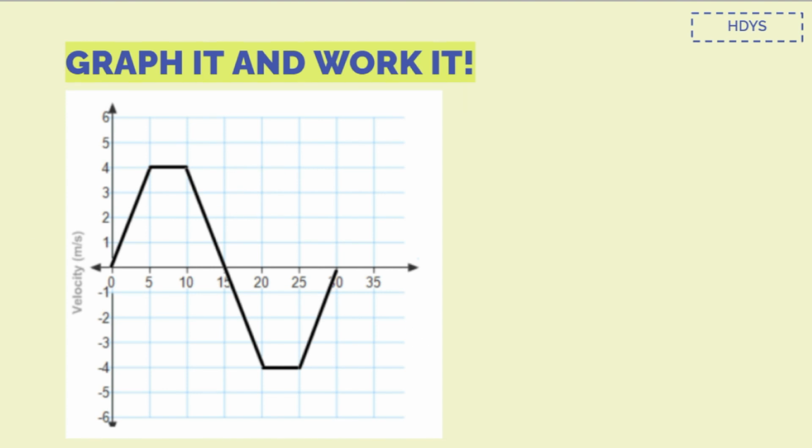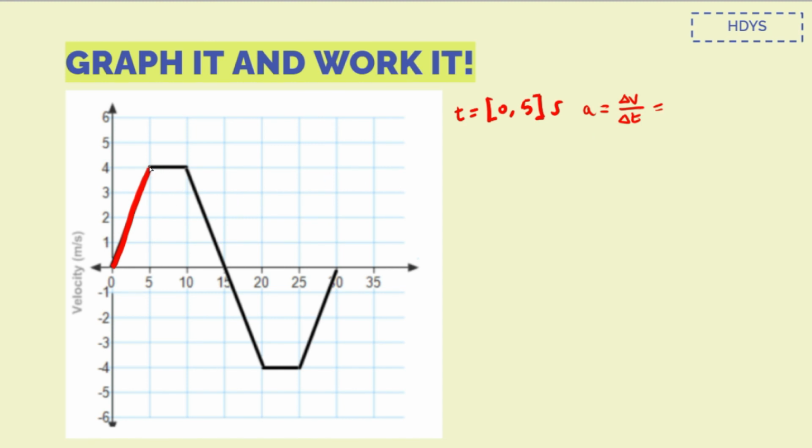To find the acceleration, as I said, we would be taking the slope of each interval. So for t from 0 to 5 seconds, we would have a equal to the change in velocity over the change in time.